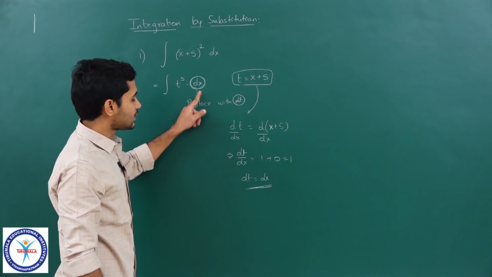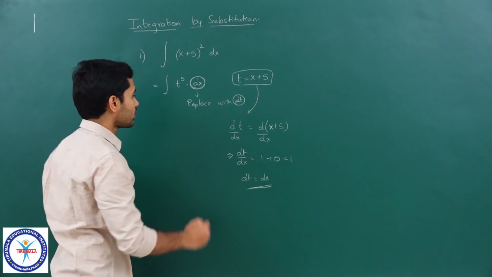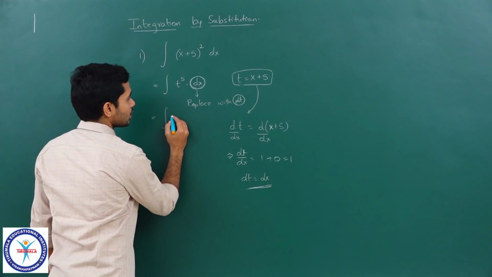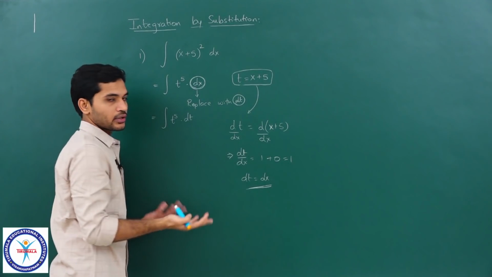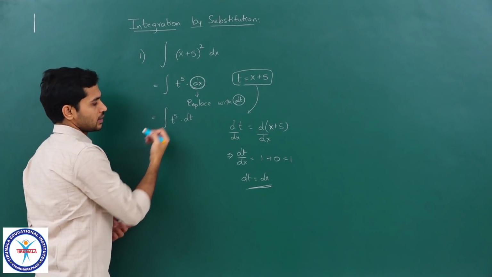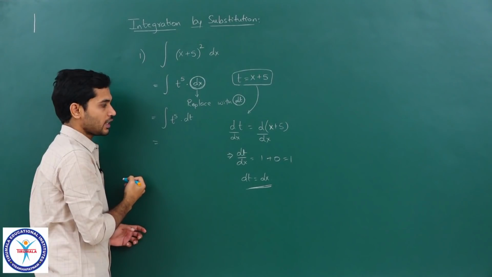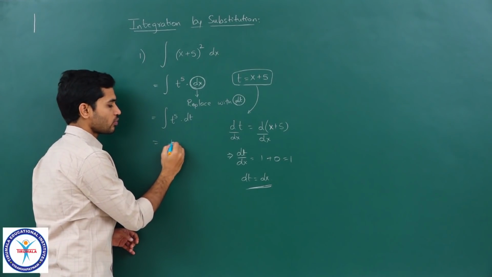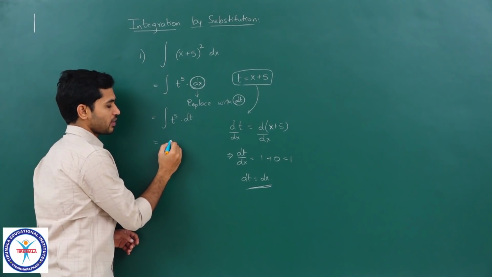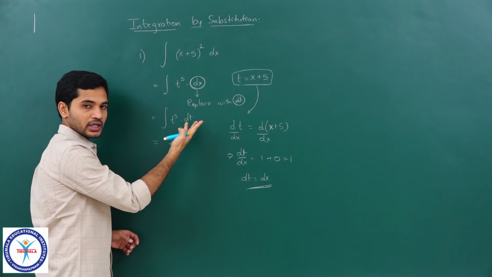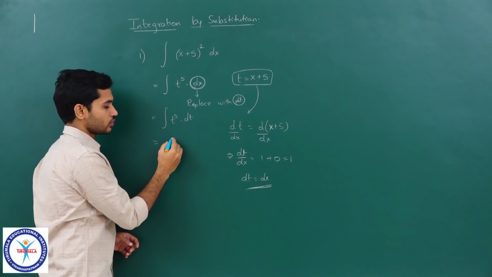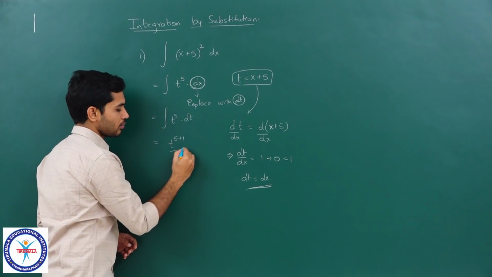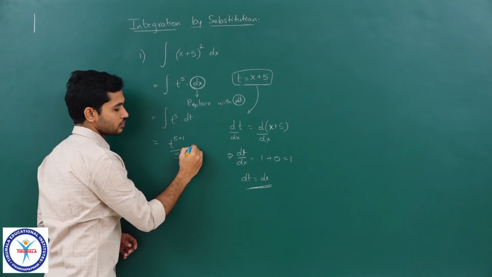Now, I will replace this dx with the relation which we have here, and this expression will now become a very simple integral, which I know the integration of. What is integration of t power 5 dt? We can directly use the formula: we need to increase the power by 1 and divide by the same value. So, t power 5 plus 1 by 5 plus 1 plus c.